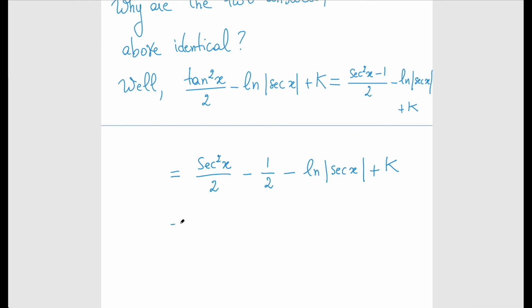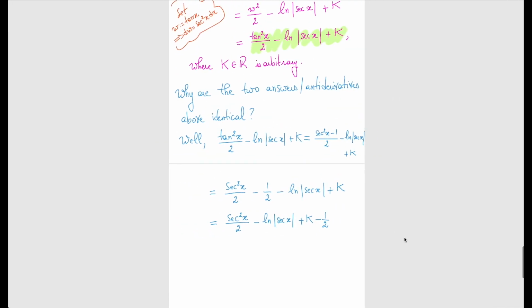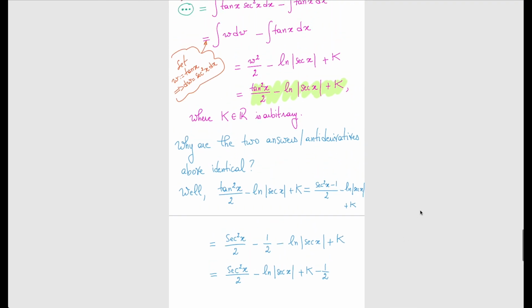And that's the same as secant squared x over 2 minus ln of absolute value of secant x plus k, minus half. Am I correct? I just moved the half to the end. Okay, and now let's zoom out and compare the two answers.